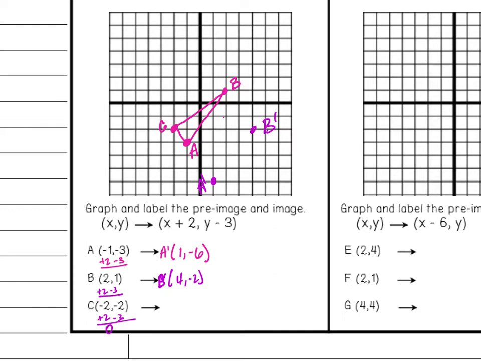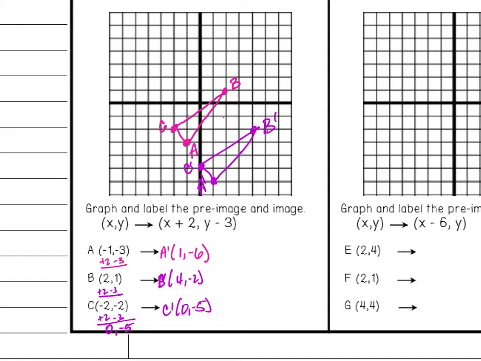So that's 0 and -5. So C prime becomes 0, -5. So 1, 2, 3, 4, 5. So C prime. So here's my figure. Of course, my drawing makes them look not the same, but they really are the same. Okay, are there any questions?